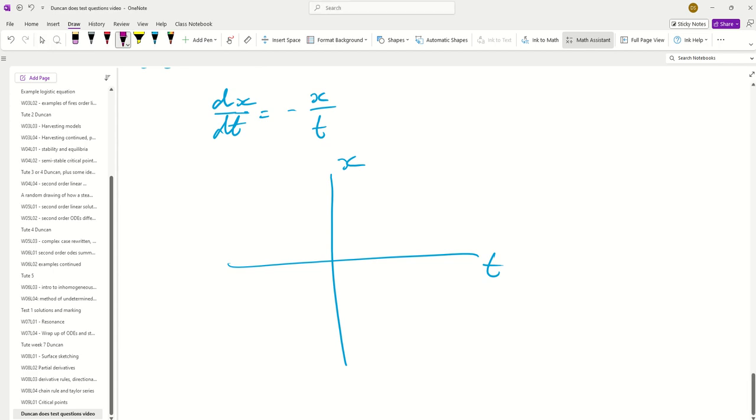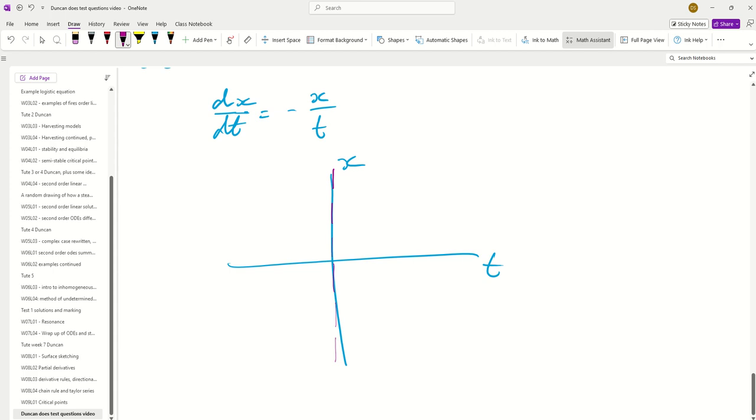All right, so if I choose t equals 0, I've got a problem. t equals 0 means that this problem blows up. The derivative's technically not defined there, but I know that it's going to look like a 1 on x, or a 1 over t in the limit, right? So I know that it's going to asymptote to this line. So I'm going to draw vertical lines down here to represent that. Right, so that's my slope field there.